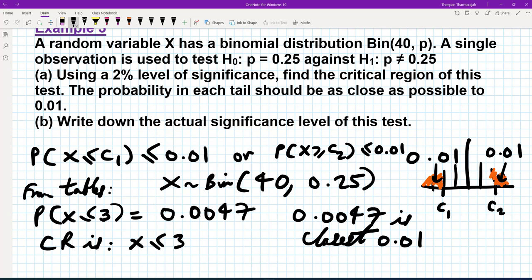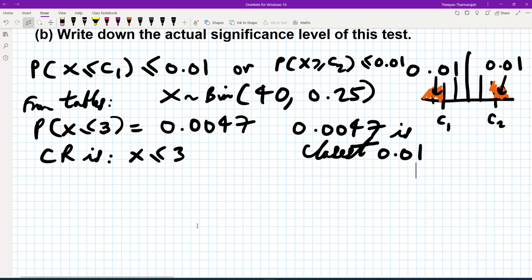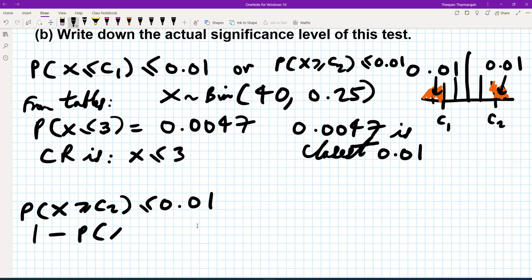So the other case is what we did in the previous example: we're interested in the probability that X is greater than or equal to C2 being as close as possible to 0.01. So that's going to be 1 minus the probability that X is less than or equal to C2 minus 1 is less than or equal to 0.01.